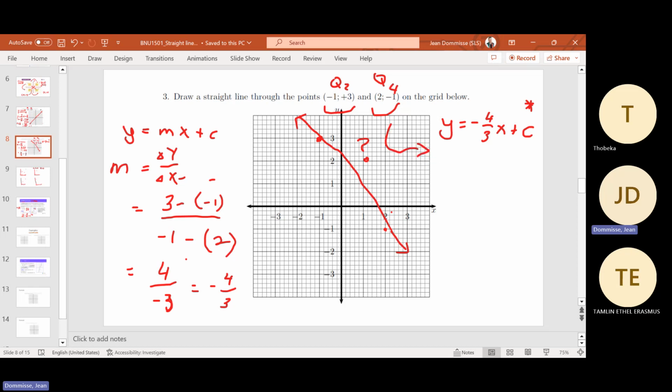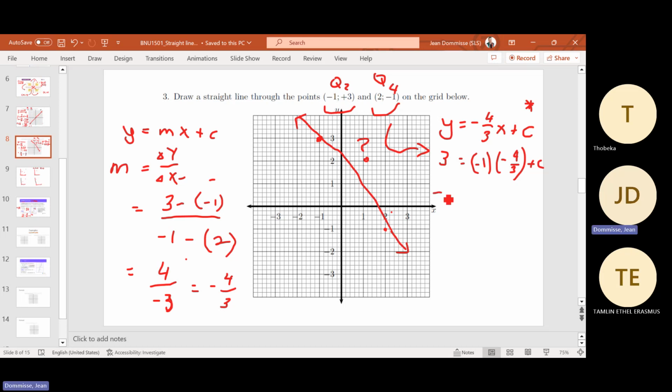So if you, for instance, take this first one, we know that y is 3. We substitute the x, so -1, into that, and that will then be plus c that we will need to calculate.